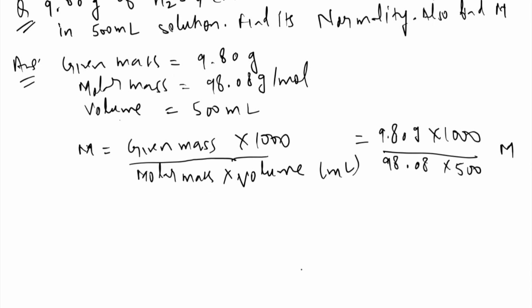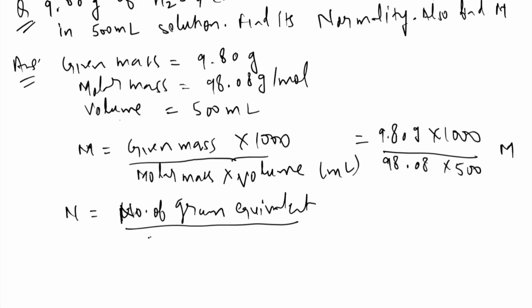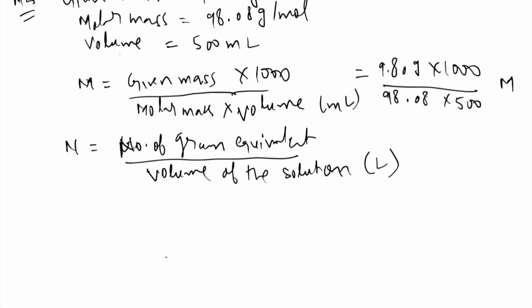What about the normality? Normality is given by the number of gram equivalents divided by the volume of the solution in liters. But we have to calculate the number of gram equivalents also. So how to find that?